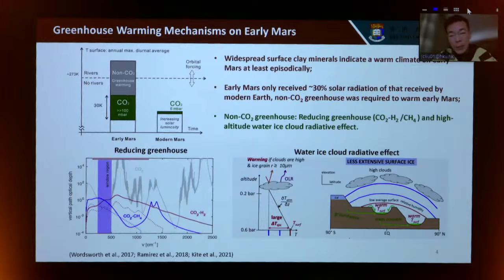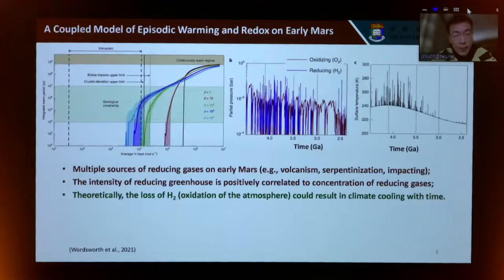I'm going to focus on the reducing greenhouse mechanism. It requires percentage-level hydrogen and 1 bar or 2 bar CO2. For hydrogen, there are multiple sources on early Mars, such as volcanism, serpentinization, and impacts.